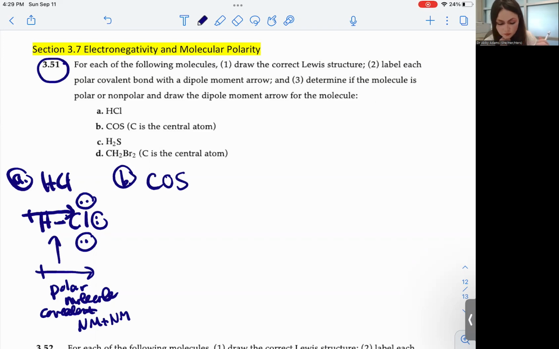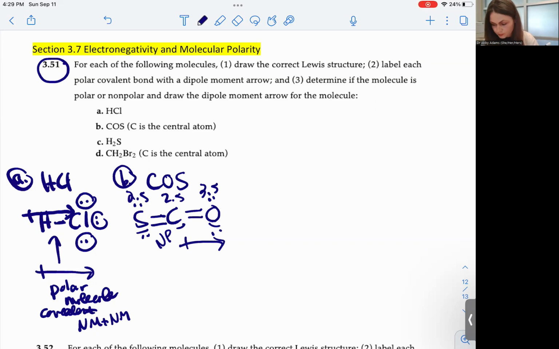So what do we have? Carbon is going to be the central atom. So carbon's going to be bound to oxygen this way. And draw this out however you need. And you know that we have 2.5 and 2.5, and we have 3.5 for the electronegativities here. So here, this is nonpolar between these 2 atoms, but this is actually going to be polar.